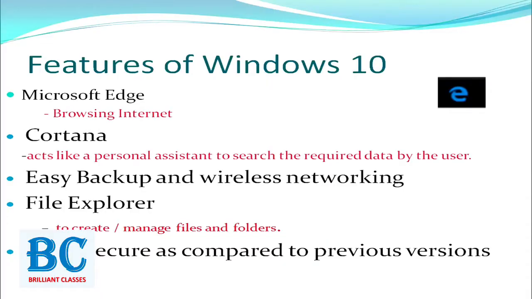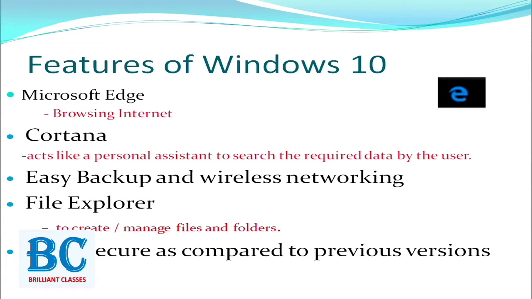Let us discuss some of the important features of Windows 10. First feature being the Microsoft Edge. It is used for browsing the net. You must have heard about other browsers like Internet Explorer, Chrome, Mozilla. This particular browser is also used to surf the net. You have a new feature called Cortana.